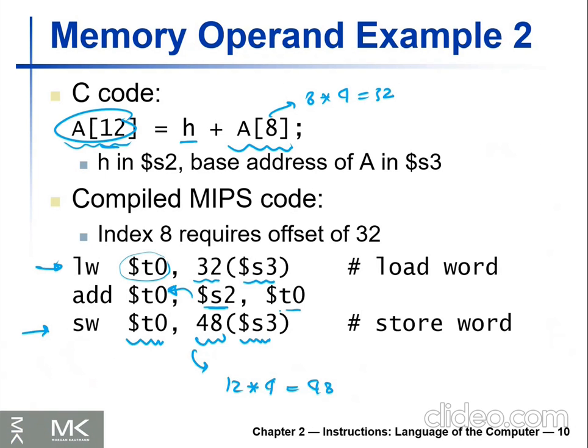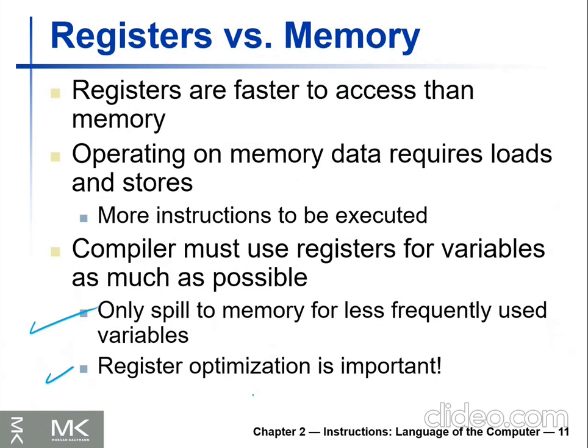After we load the value of a of 8 into T0, we could use, for example, T1, but now you are using two registers, T0 and T1. After this operation, you don't need a of 8 anymore. So that's why we use a of 8 again to store the value that will go to a of 12. Register optimization is important.